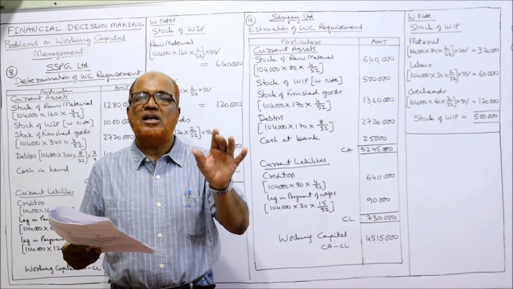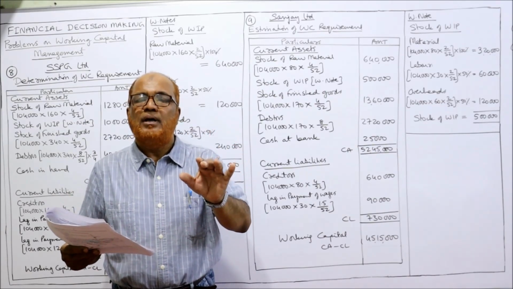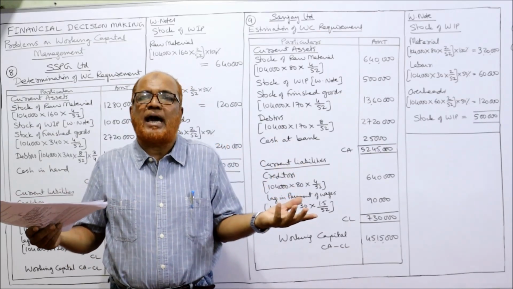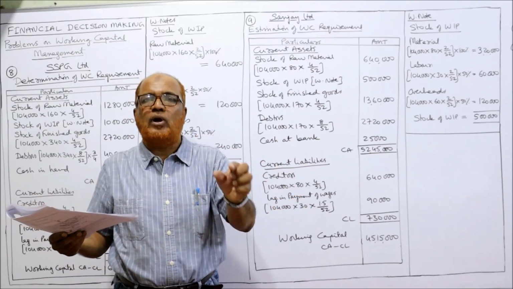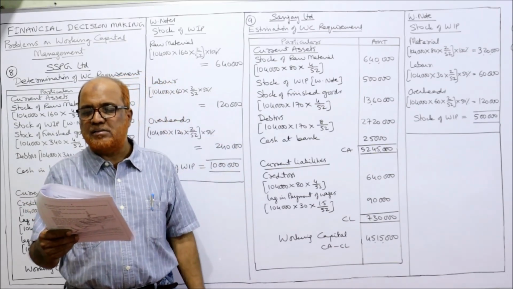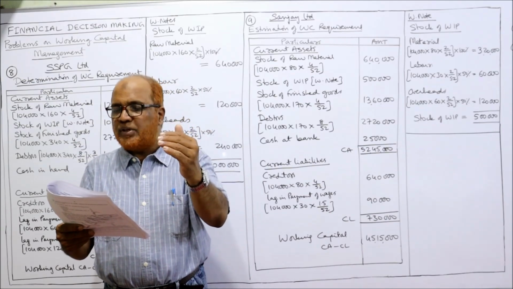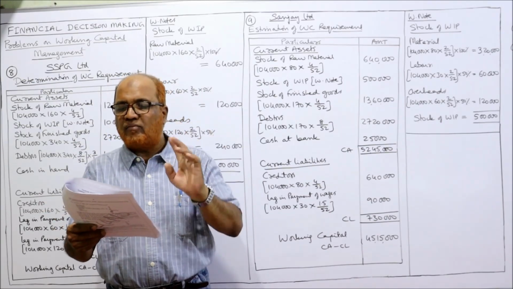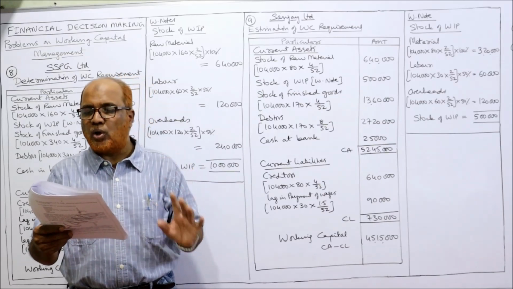Depreciation is a non-cash item that will not be considered while calculating working capital because there is no cash involved. It is only a book entry. So excluding depreciation, 60 rupees are the overheads. If you add up 80 rupees material, 30 rupees labor and 60 rupees overheads, you get 170 rupees. That is the total cost.